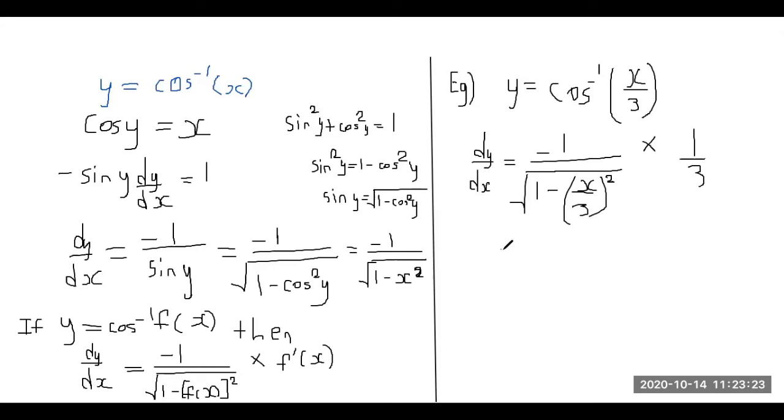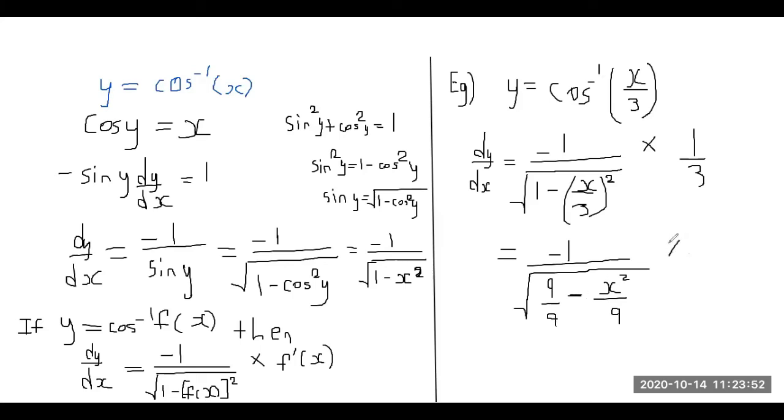And so now, look at this, we can write dy by dx as minus 1 over the square root of, now look at this carefully. When you expand this, you're going to get x squared over 9, and I'm going to rewrite 1 as 9 over 9. We can always rewrite that as 9 over 9.